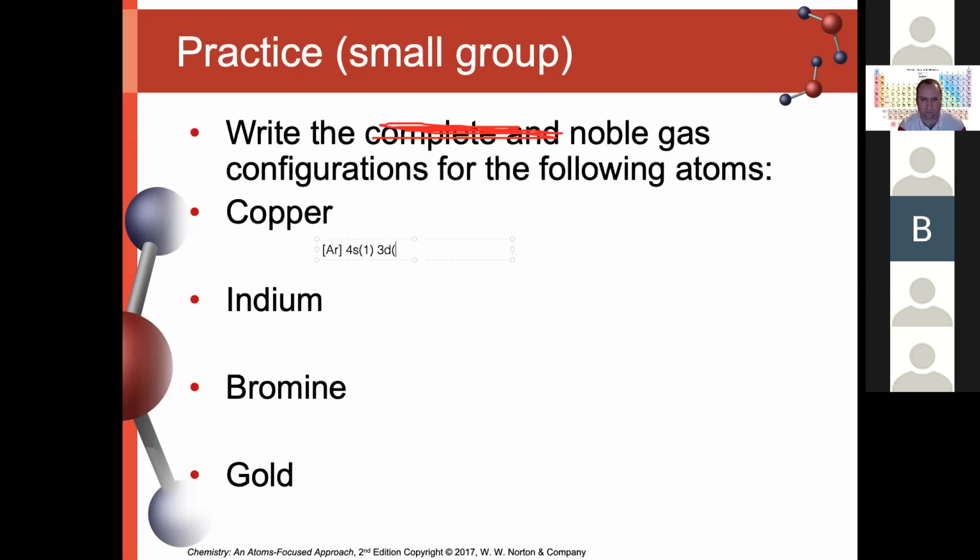No, 11. No, 10, yeah. It'll be 11. D11. Wait, what? It can't be 11. Okay, no. It's 4s1 because I forgot about the exception. Okay. So copper is one of those exceptions. So it'd be 4s1 3d10.